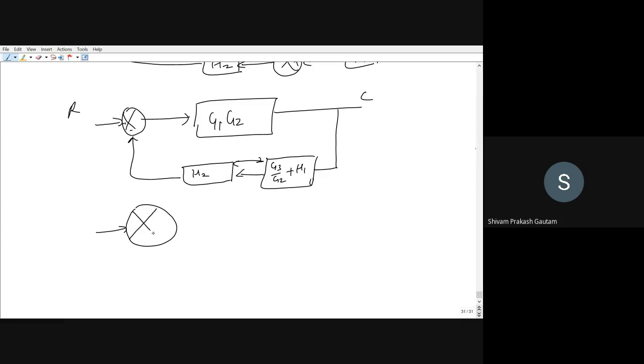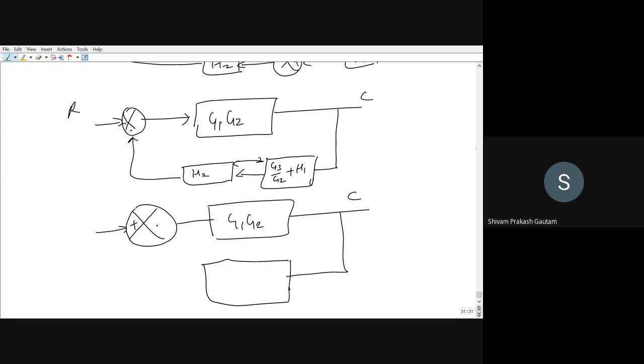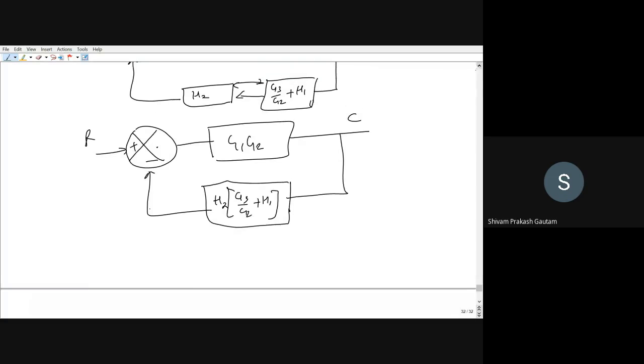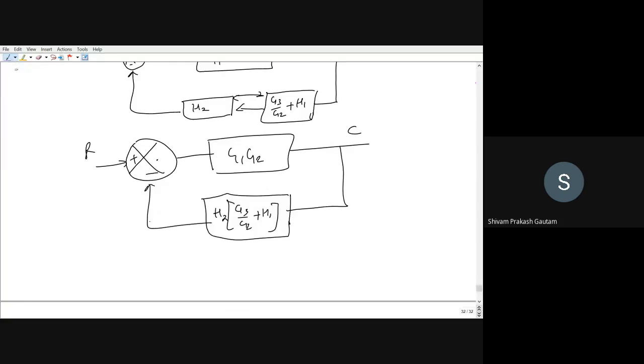This is plus, this is going like this, G1, G2, C. This is H2 multiplied by G3 by G2 plus H1, and this is going in this. So this will be minus, this is R. Now, what is this loop? This is a negative feedback, is it not?